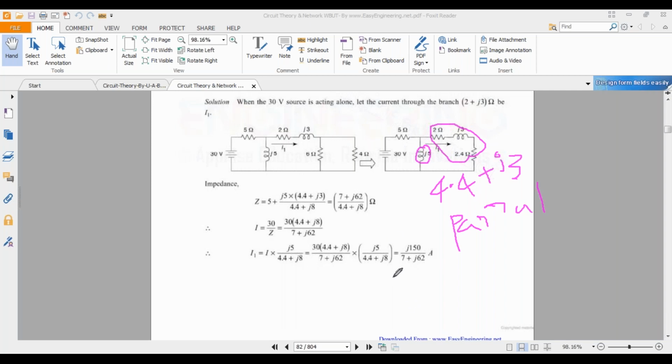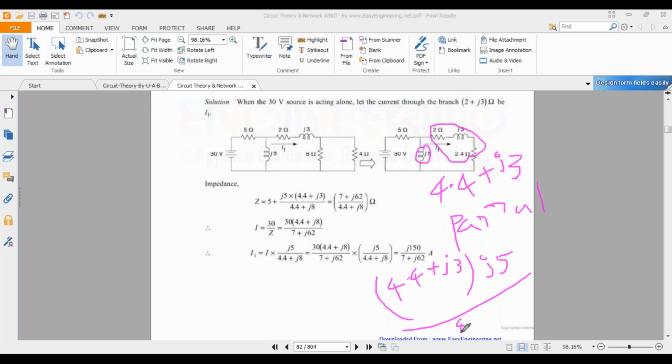I am writing here: 4.4 plus J3 into J5, divided by 4.4 plus J3 plus J5.